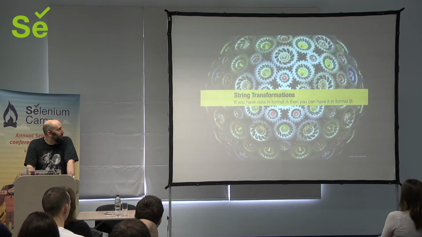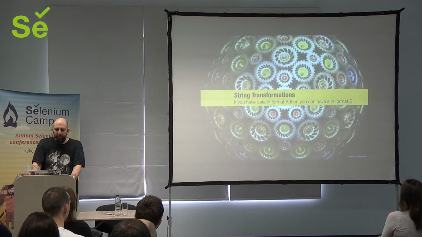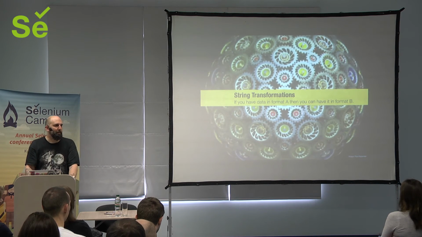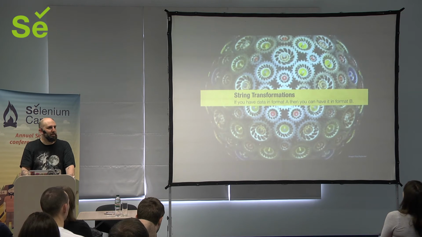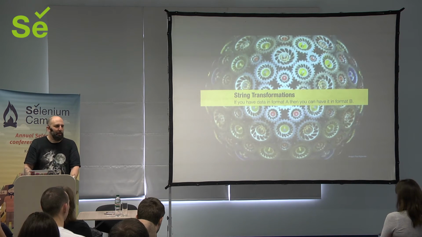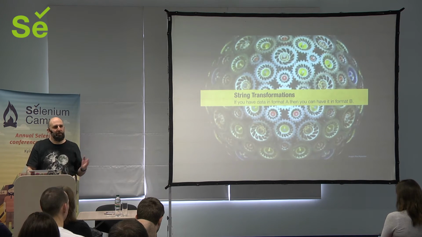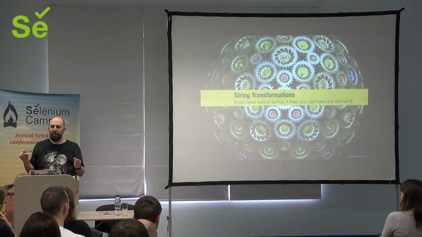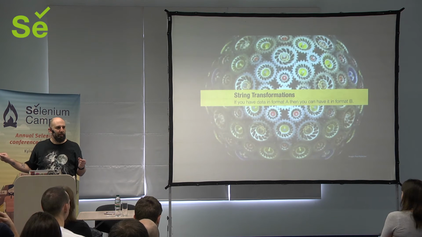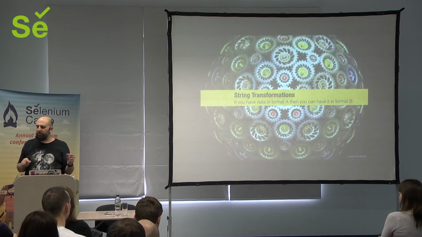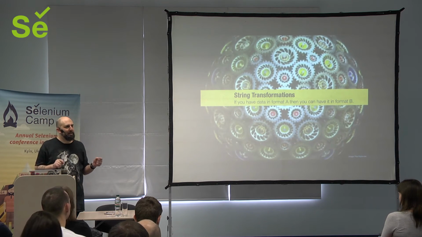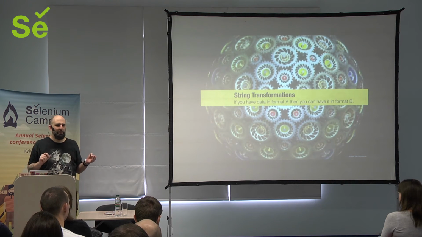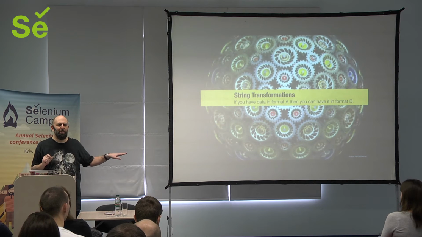Obviously, I had a little bit of fun finding these, but I think this is a really important point. There's a principle called string transformations in information theory, which says that if you have information in one form, you can transform that information into any other form. So a lot of times I've worked with dev teams and I've heard people say things as ridiculous as, we can't test that system because it's a black box.